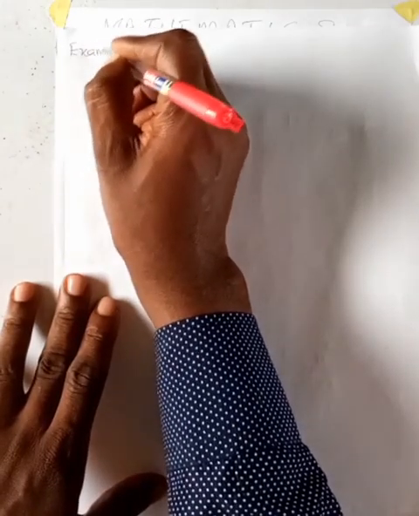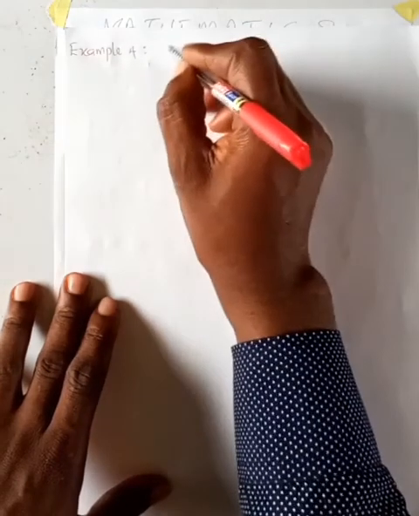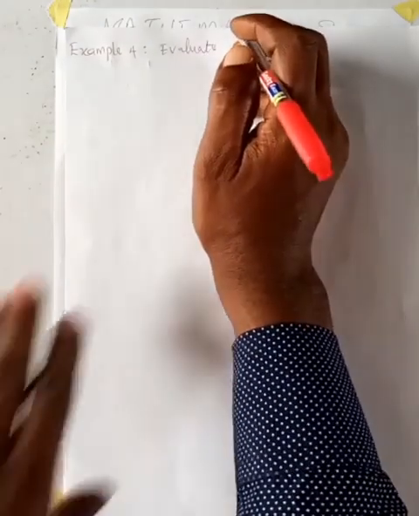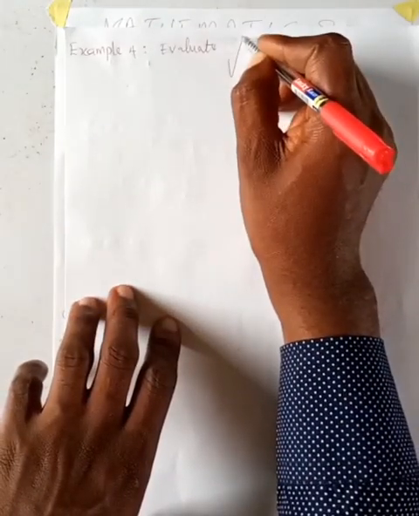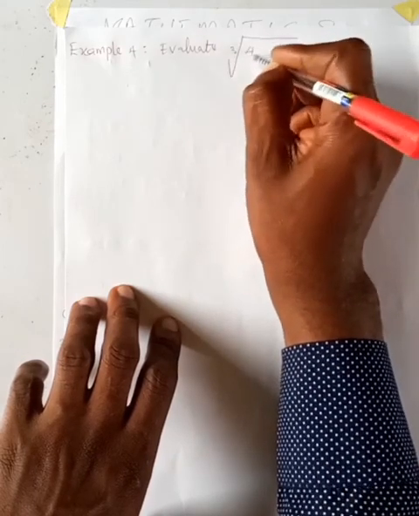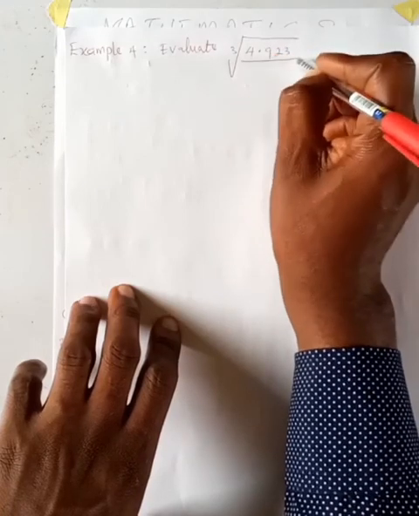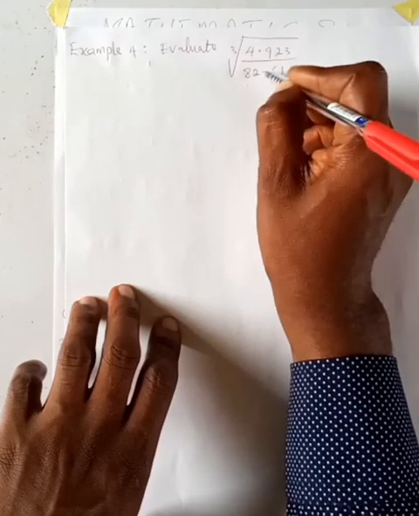Example 4. Evaluate 4.923 divided by 82.61.